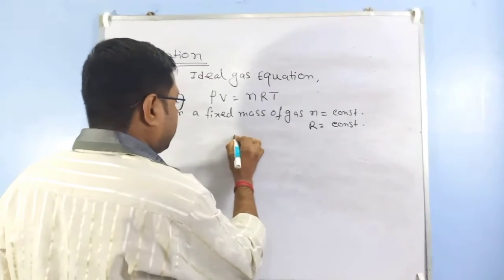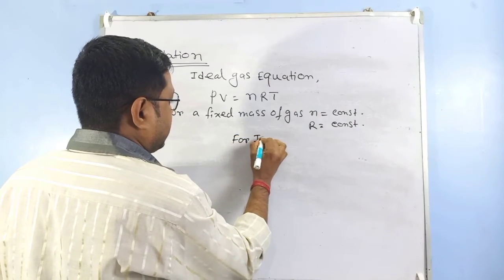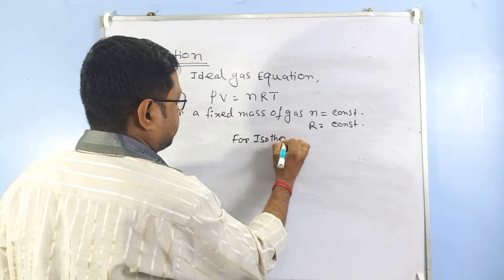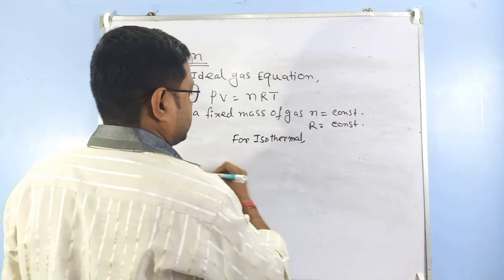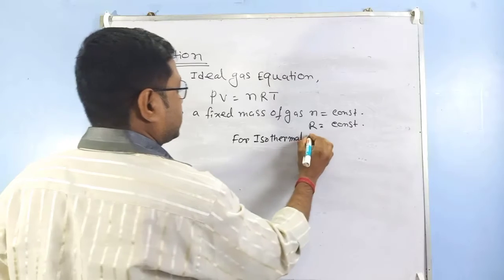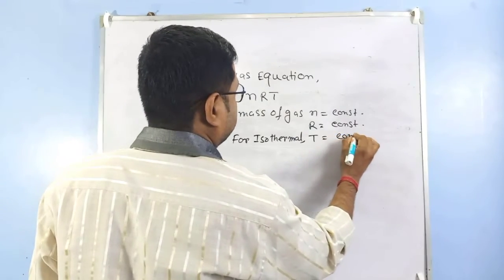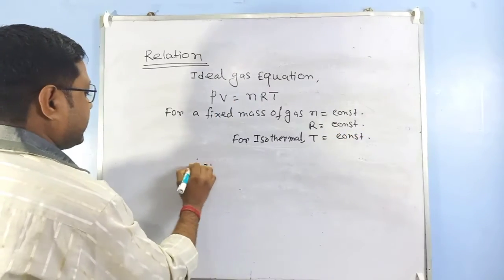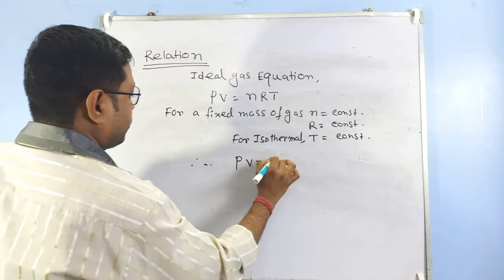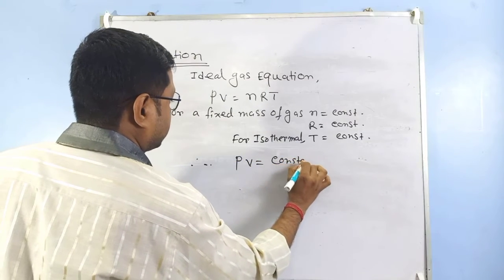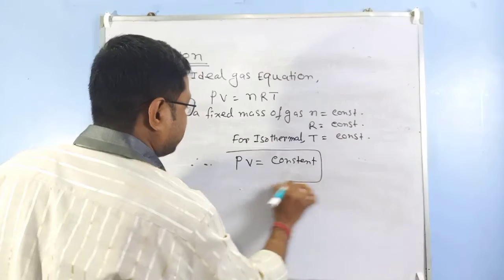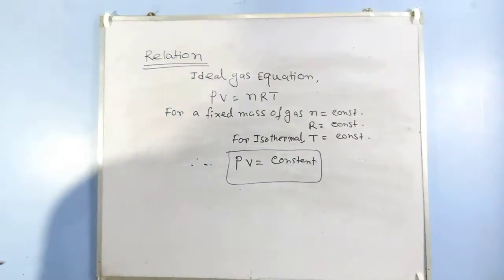For an isothermal process, T is again constant. So we get PV equal to constant, which is the basic relation between pressure and volume.